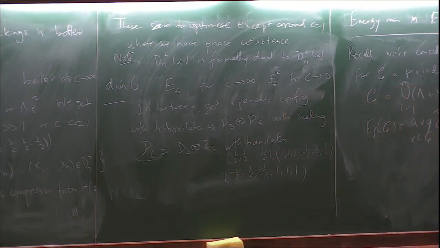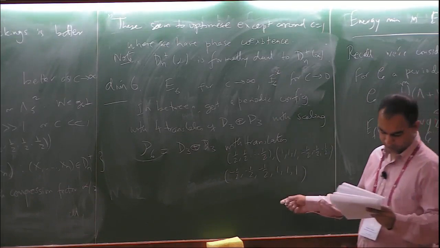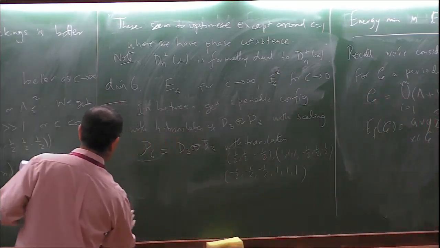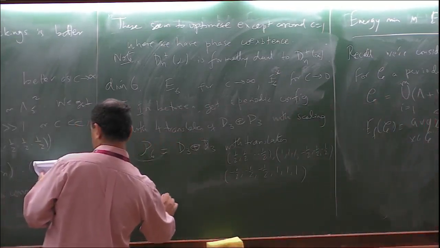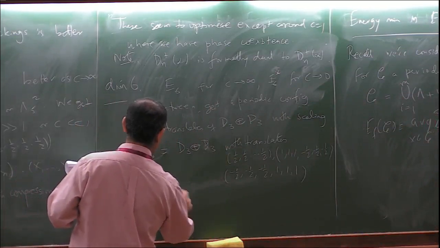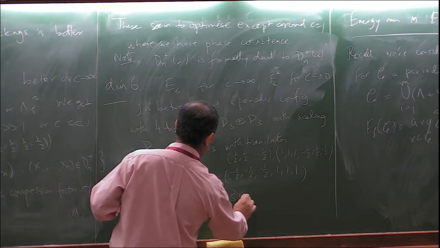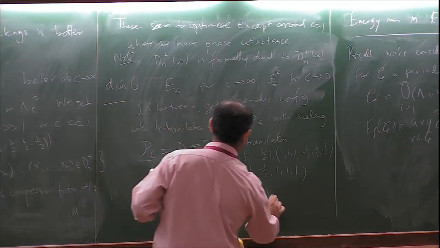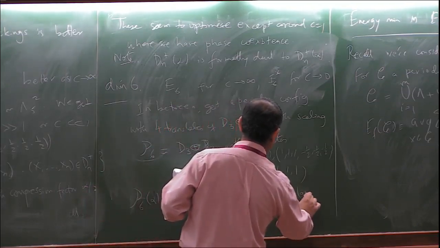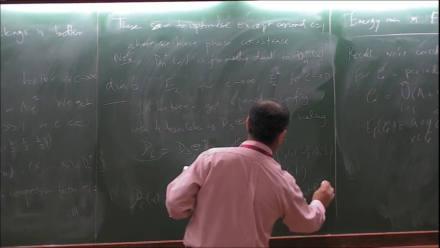That's a periodic packing, and you can define P6 of alpha by taking P6 and scaling the first 3 coordinates by alpha, and the last 3 by 1 over alpha.